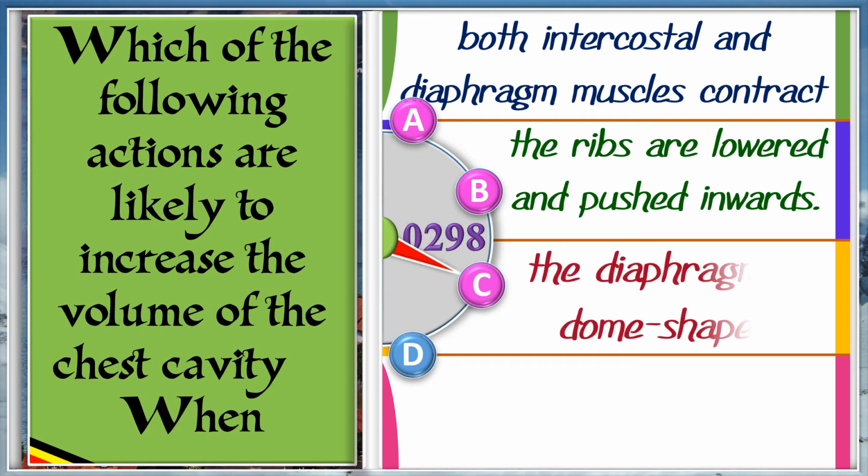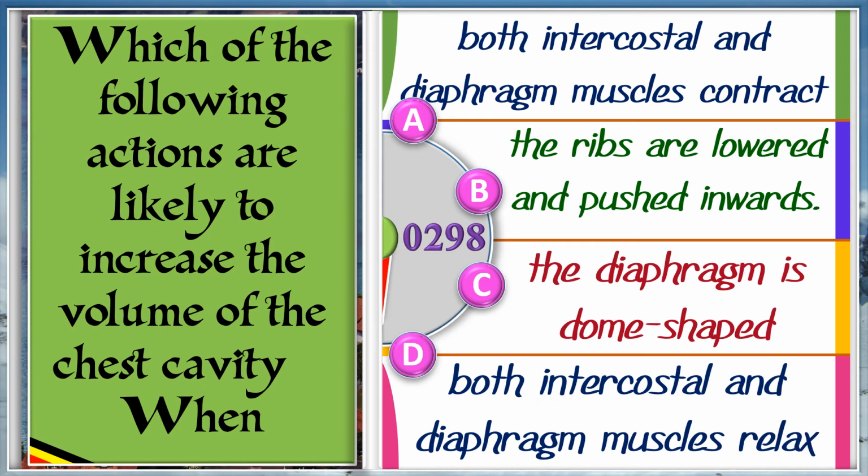C, the diaphragm is dome-shaped. D, both intercostal and diaphragm muscles relax. And the answer is A, both intercostal and diaphragm muscles contract.